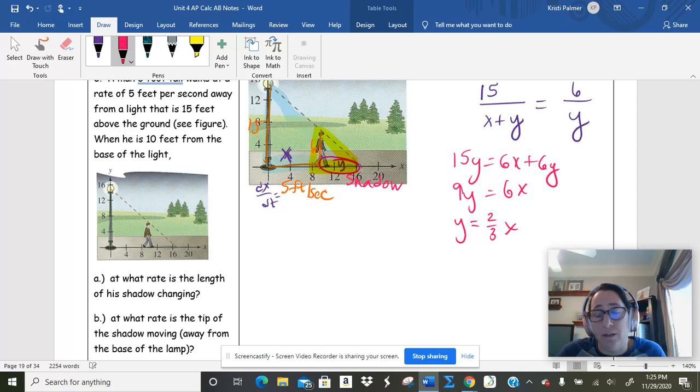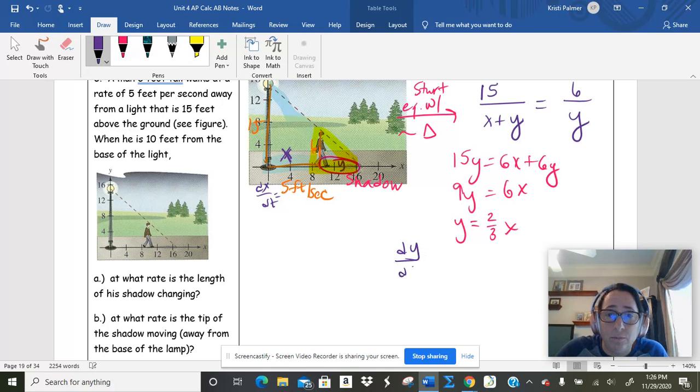So there's my equation. These are actually really easy, and for some reason people miss them, but I love them and they're not bad. So just start the equation with similar triangles. Now we've got it down to two variables. We can differentiate.